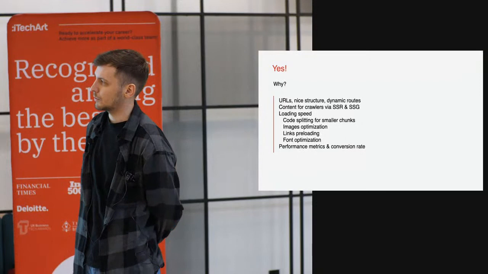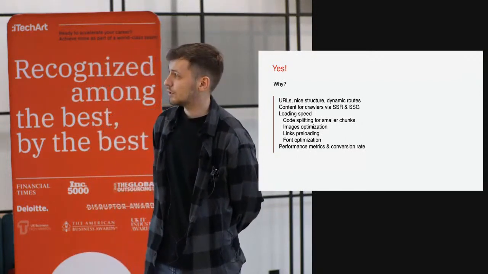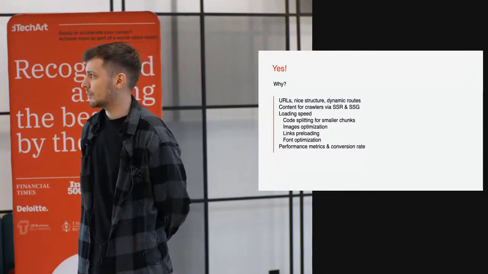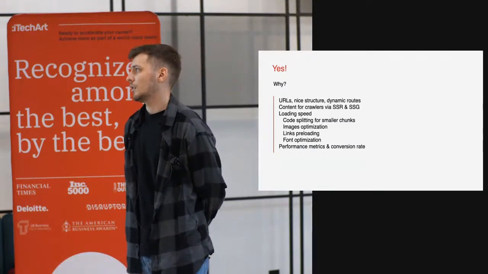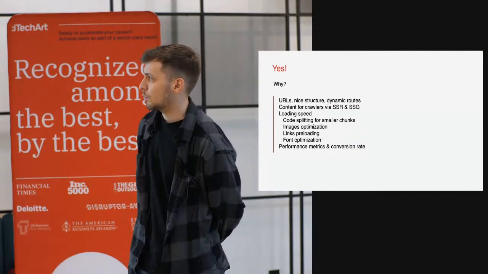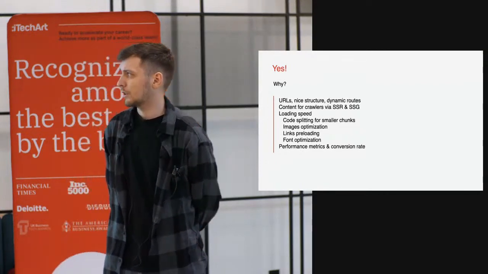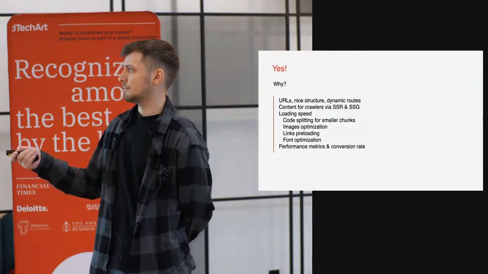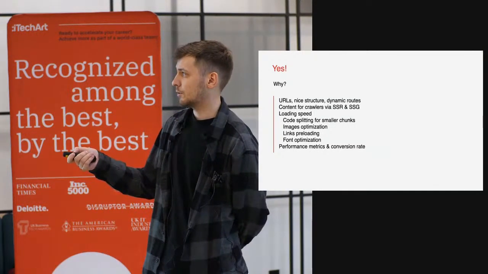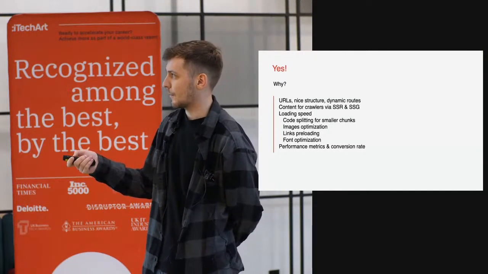First of all, Next.js helps you build a nice structure for the URLs of the application. It has dynamic routes, so it helps you achieve a better result in scope of your URLs. You can build slugs in any way that you want, with multi-language support in terms of localization, etc. So you can do everything that you would like in terms of URL configuration.